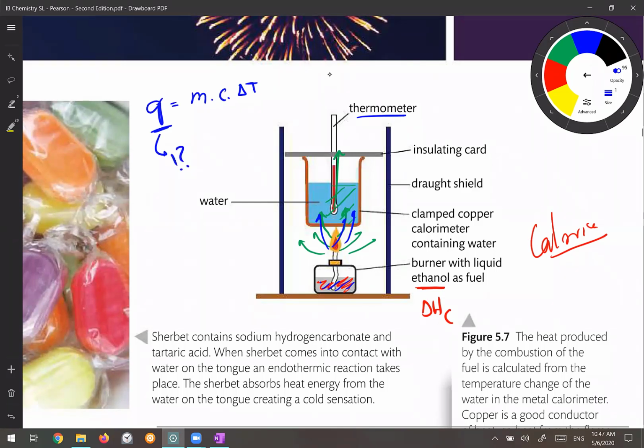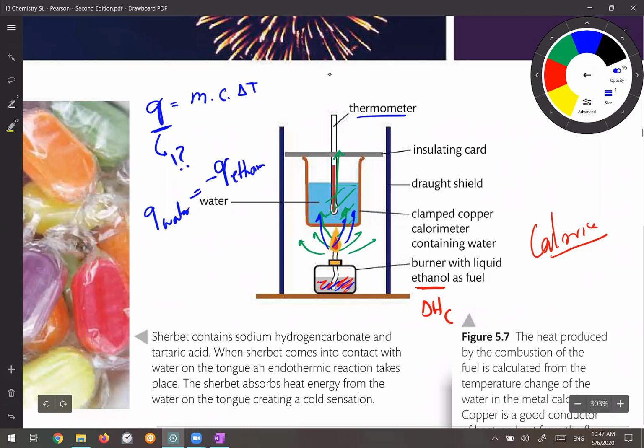This Q is the amount of heat which transferred to the water, and Q of water is equal to negative Q of ethanol.